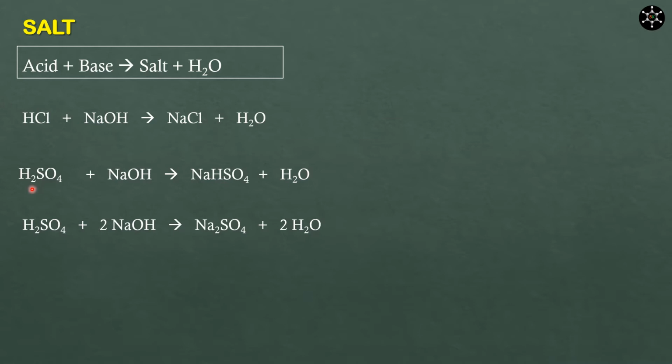Since we have done the partial replacement of acidic hydrogens, this reaction is called partial replacement or partial neutralization. In the second case, all acidic hydrogens are replaced by sodium hydroxide, giving sodium sulfate salt and water. This is called complete replacement or complete neutralization.